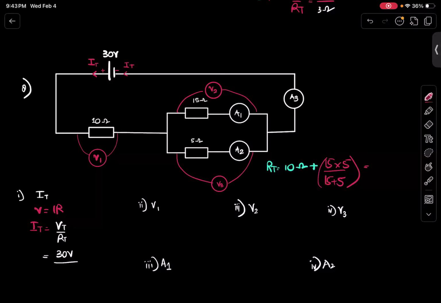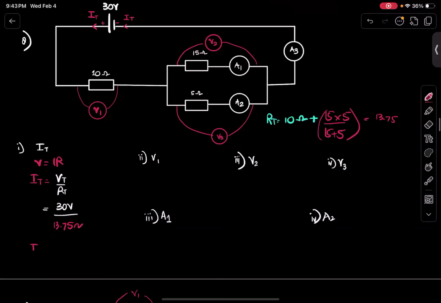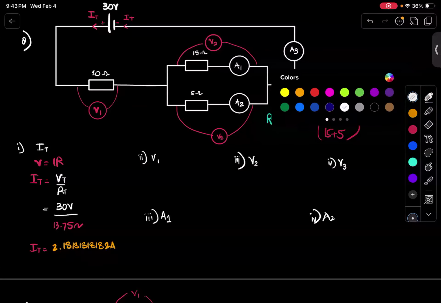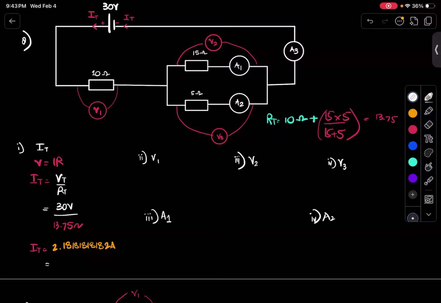So total resistance is 13.75 ohms, which means the total current is 30 over this answer, which is 2.181818 amperes. But because we are not crazy, we can just say that it is 2.18 amperes.